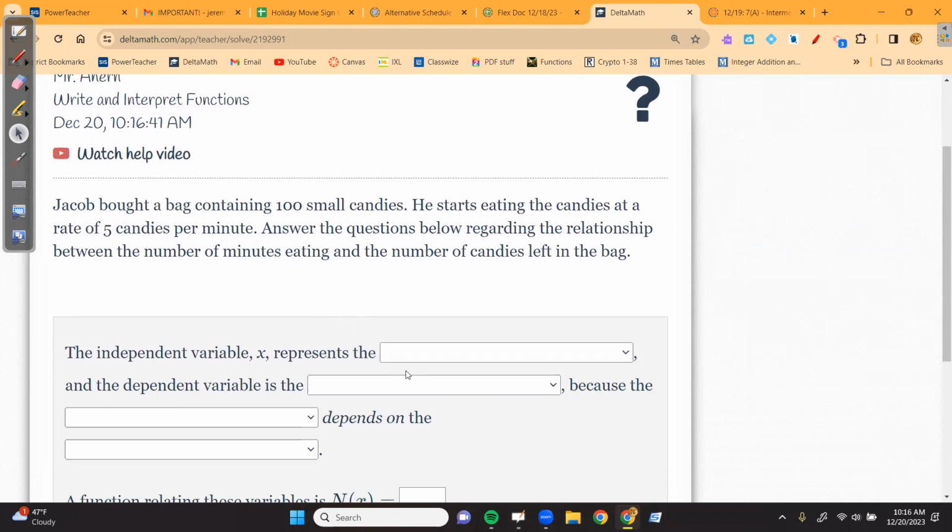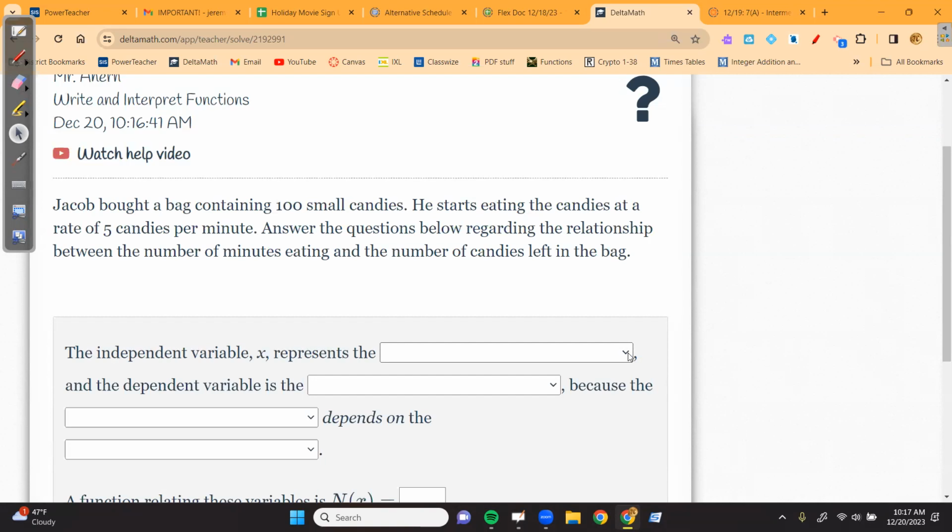And so here we go. The independent variable in this case, x, will be what? No. I'm not even clicking the drop-down box. I won't do it. You tell me. What is the independent variable? Per minute? No, I already know. He eats 5 per minute. That's not a variable. How many minutes he eats candies for? If Jacob eats candies for 1 minute, he's eaten 5.